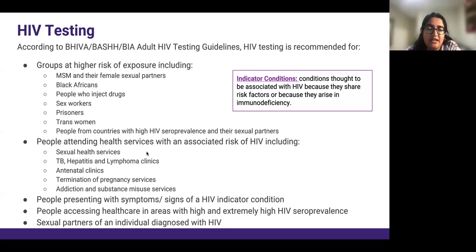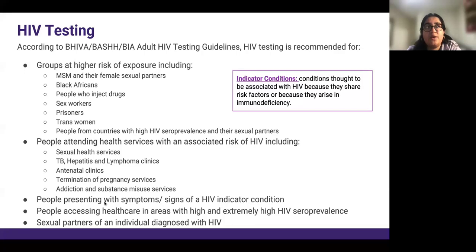Always think about that. And also people who are attending health services, so people who work in sexual clinics and also the people that attend them, people that have conditions like TB, hepatitis, and lymphoma, which can affect your immune system anyway, or can be at higher risk of getting HIV.